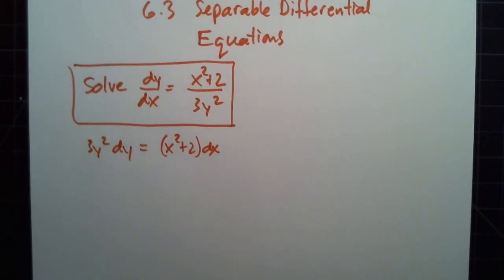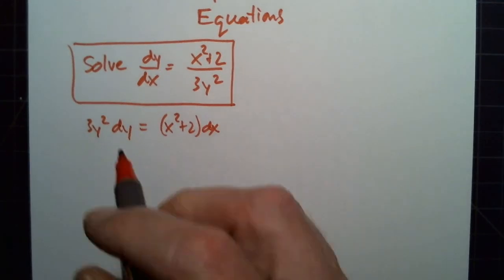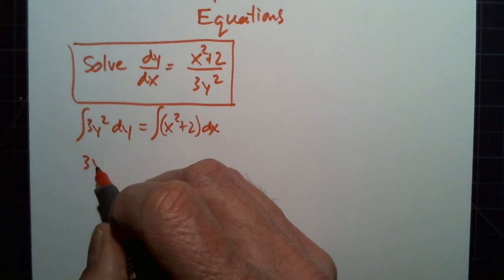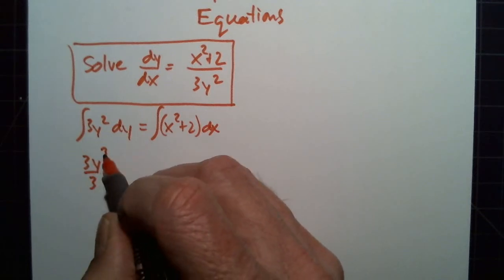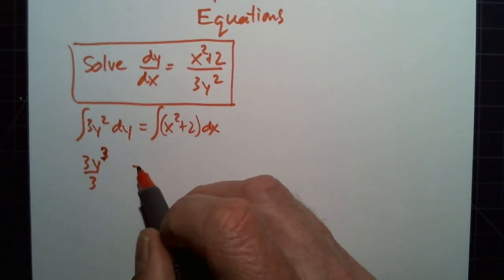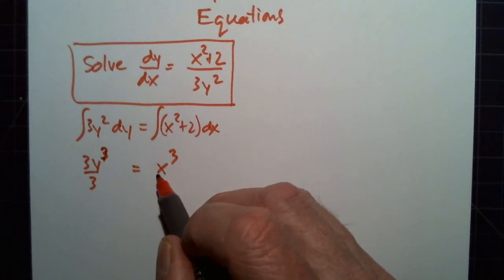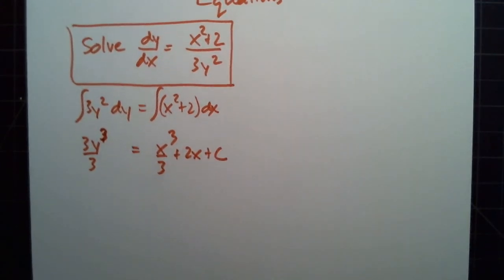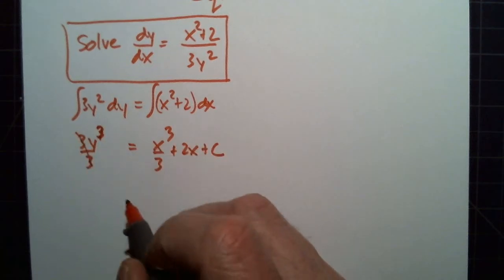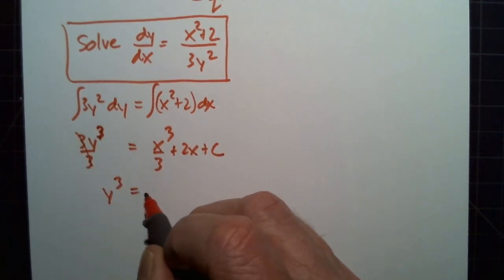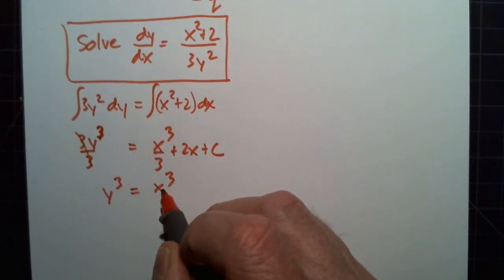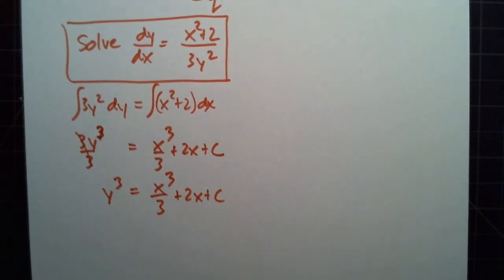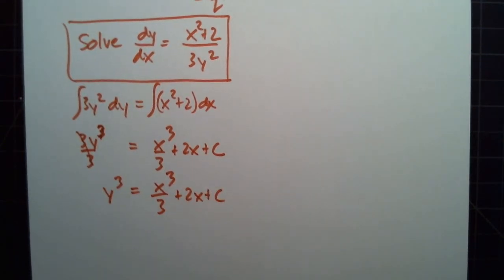So we separated x and y, then we integrate, so that's going to be 3y cubed over 3, and here we have x cubed over 3 plus 2x, and we can just say that y cubed is x cubed over 3 plus 2x plus c, and that is a general solution.